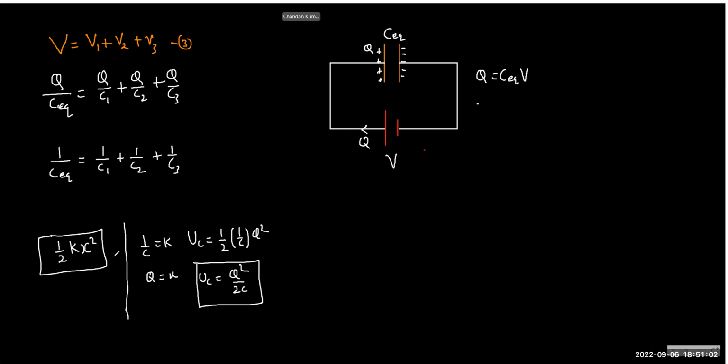Because K means how tough the spring is, and when I say tough, it means it's very difficult to compress. Very difficult to compress means very difficult to give charge, which means very little capacitance. So if C is really small, 1 by C is really large. It's the same idea, right?